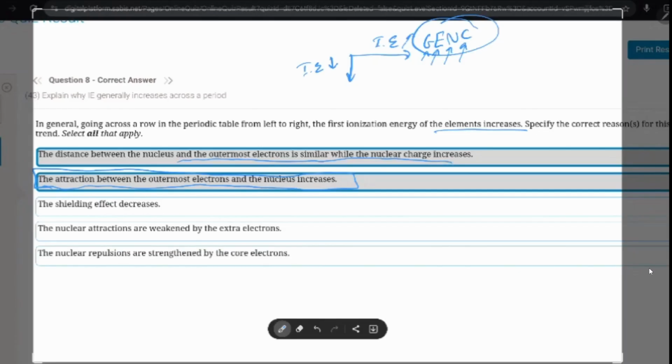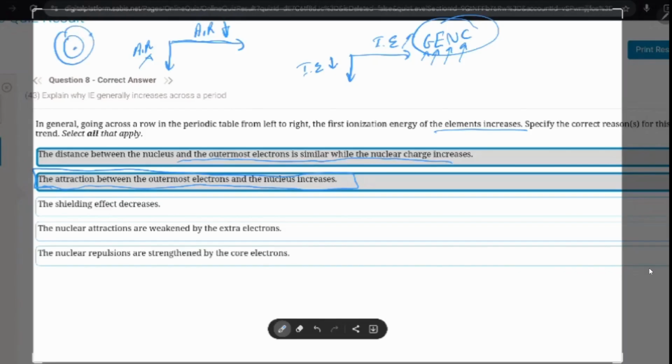I told you, as you go across a row, does the atomic radius increase or decrease? Decreases. And as you go down a group, the atomic radius increases. So as you're moving across this period, the radius is going to decrease, so the atom is going to get smaller.